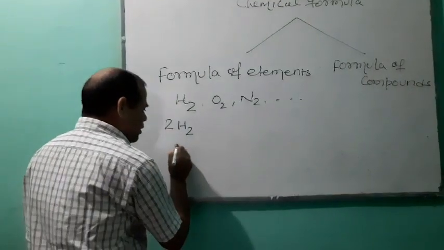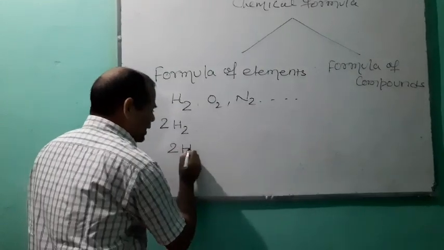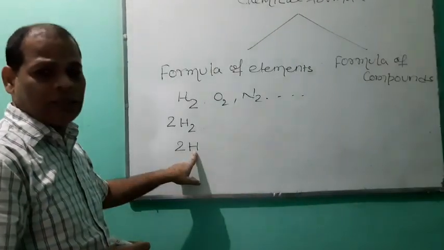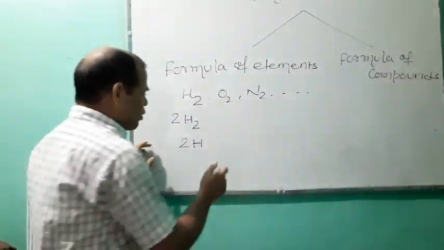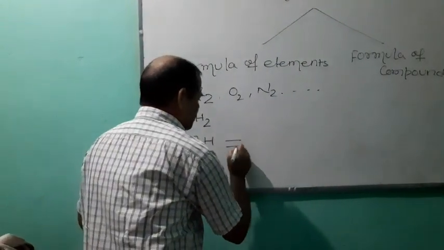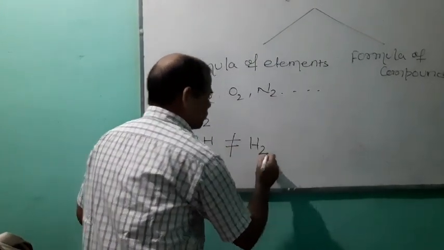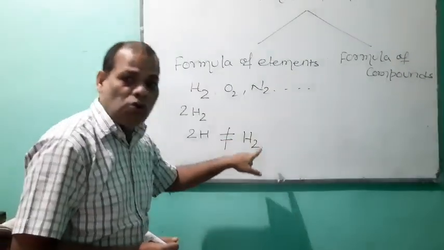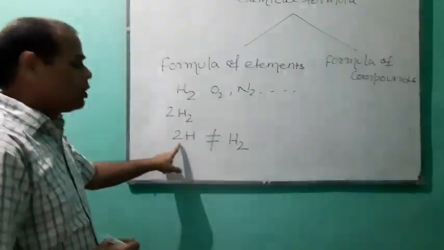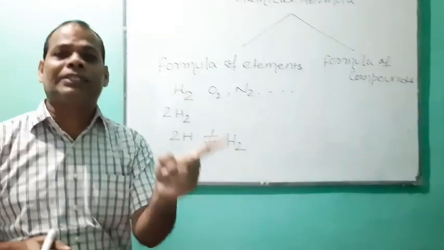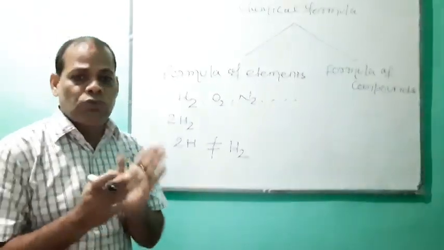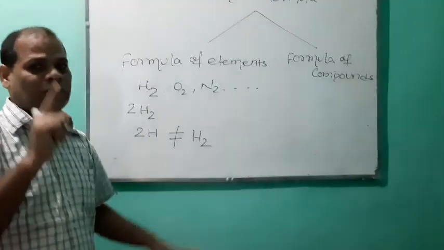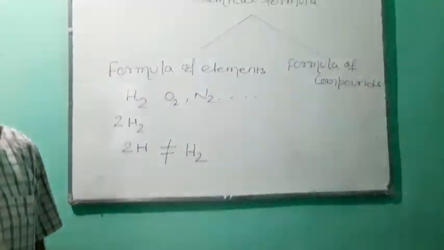But if I write 2H, please keep it in mind, 2H cannot be equal to H2, because 2H represents two atoms of hydrogen, whereas H2 represents one molecule of hydrogen.